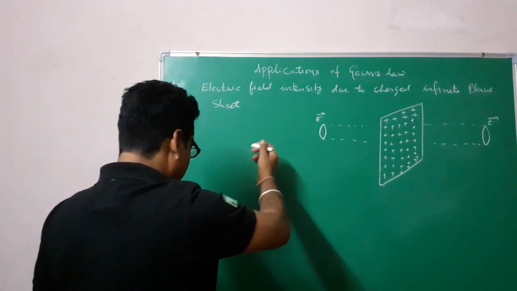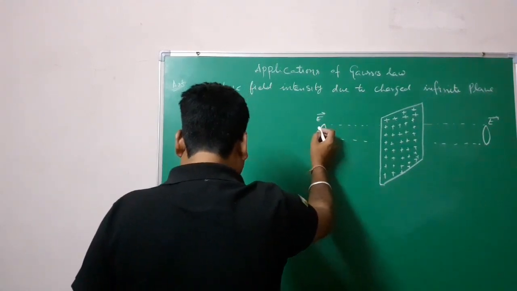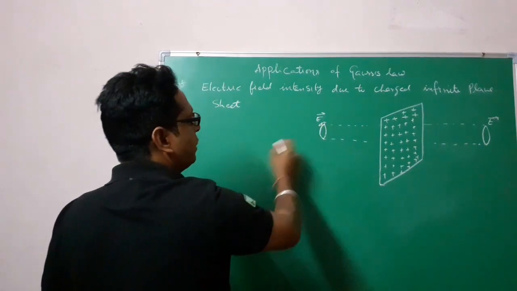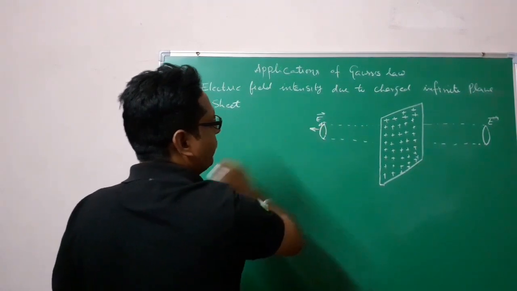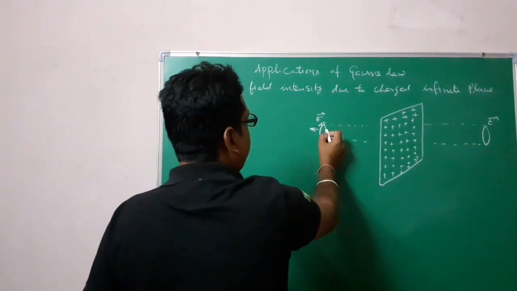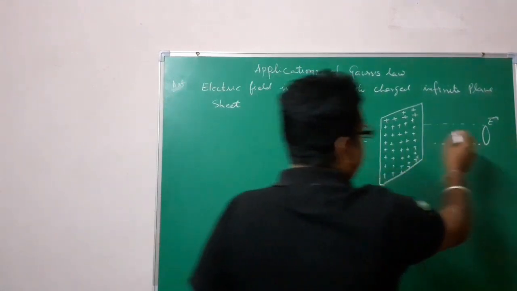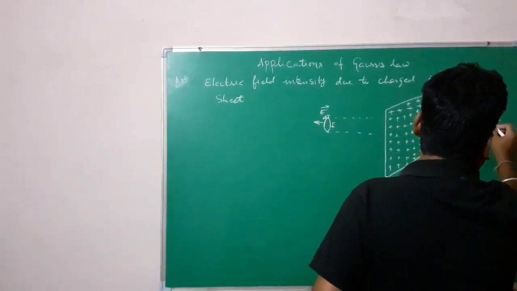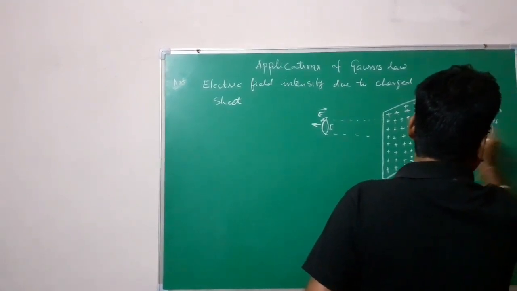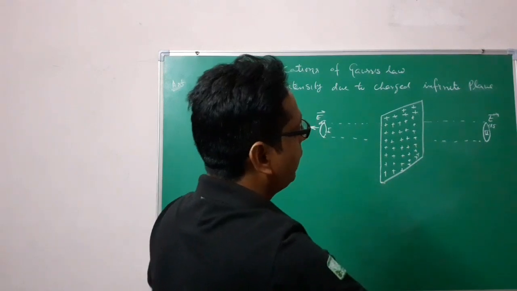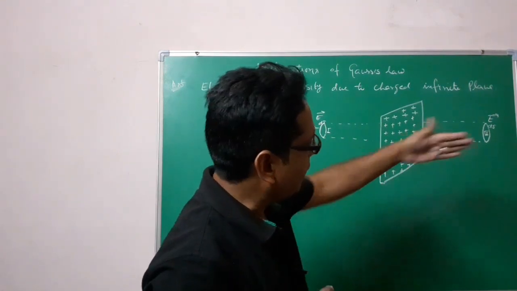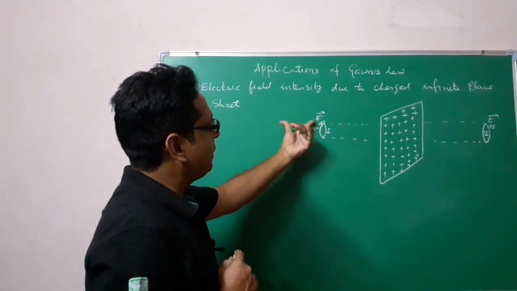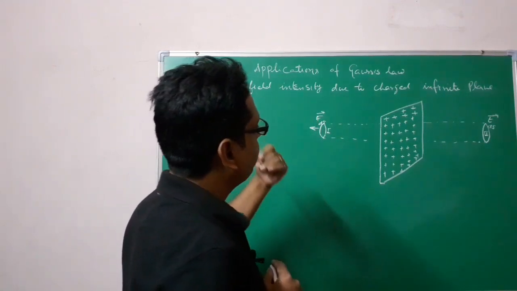Suppose we have taken a small surface ds in this direction. Let it be region 1, and this surface S2 is the second region, where ds and E are acting in the same direction.